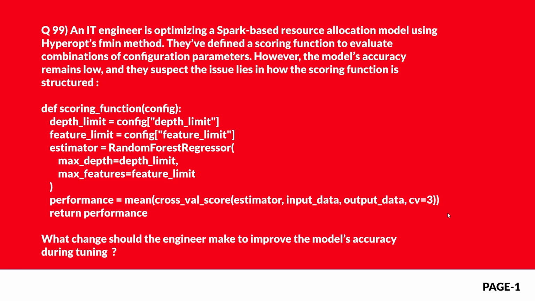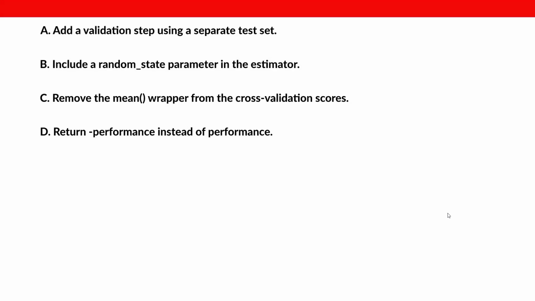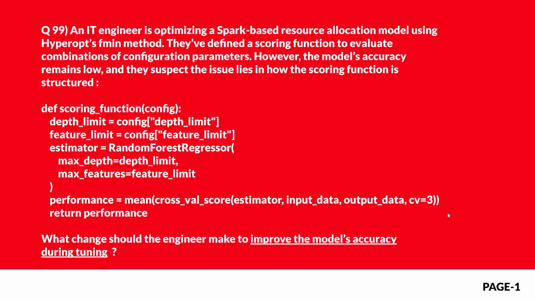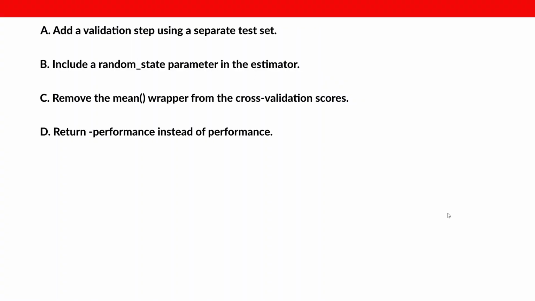Please feel free to pause this video because we got to answer these options based on the question here. So now let's go back to the options once again. So option E says add a validation step during validation step using a separate test set.